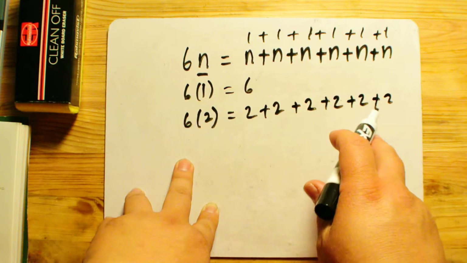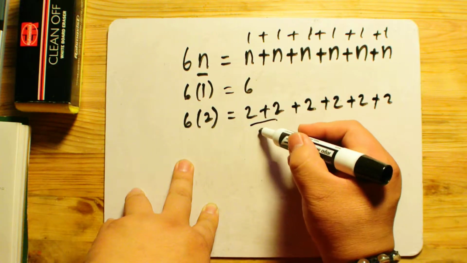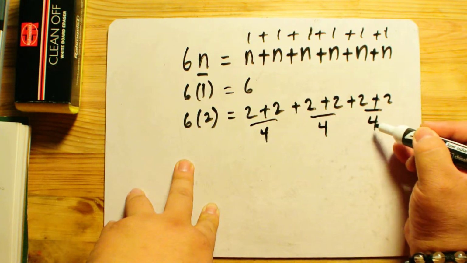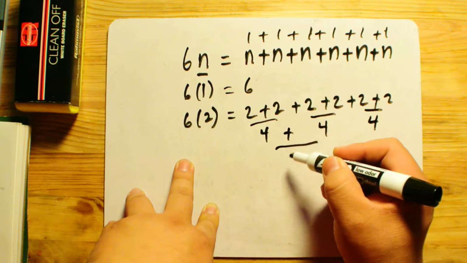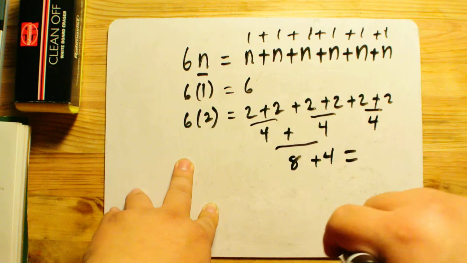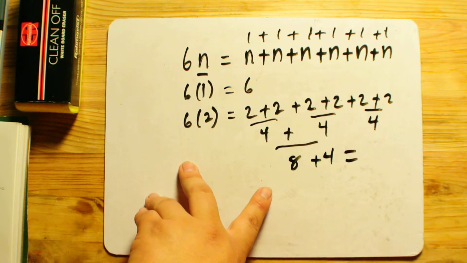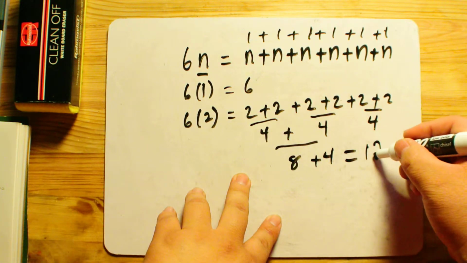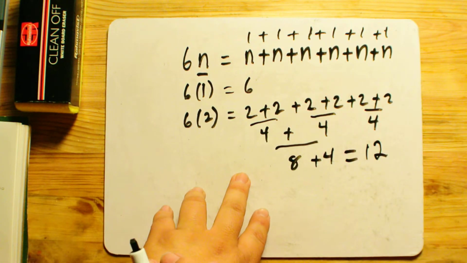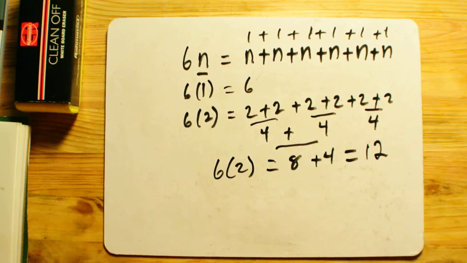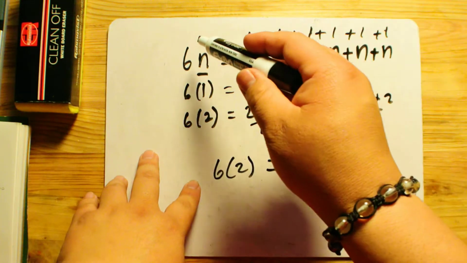Let's group them: 2 plus 2 is 4, and 4 plus 4 is 8, and 8 plus 4 is 12. And is 6 times 2 equal to 12? Yes, that's true.